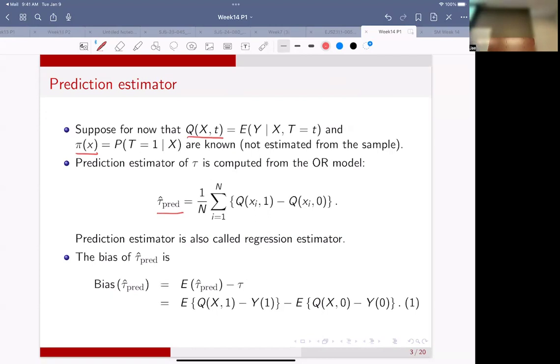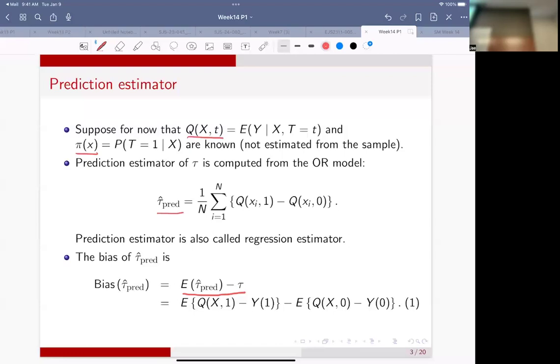This is essentially called a regression estimator. Now let's try to understand the bias. Suppose this is the estimator, and the bias is the expected value of this estimator minus the parameter. That is the definition of bias.